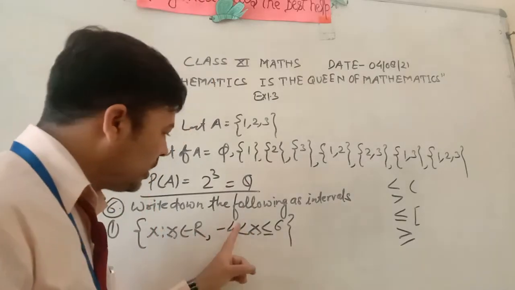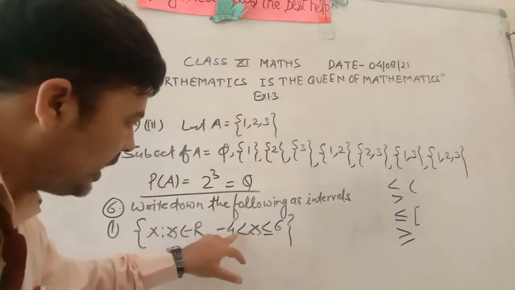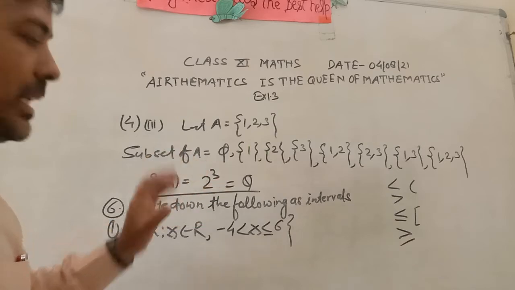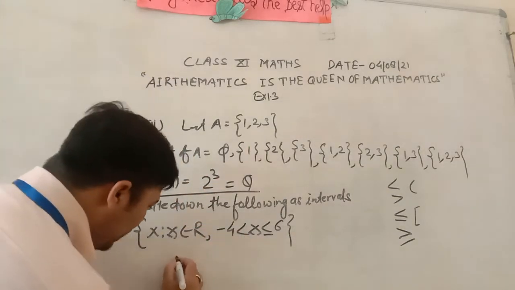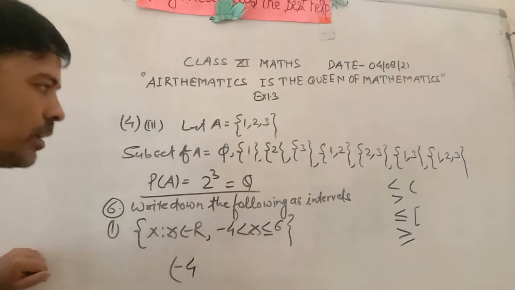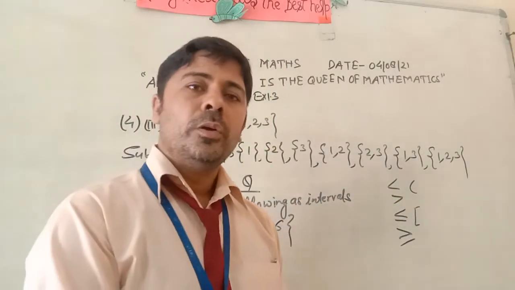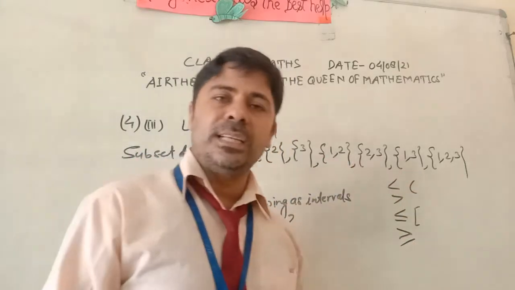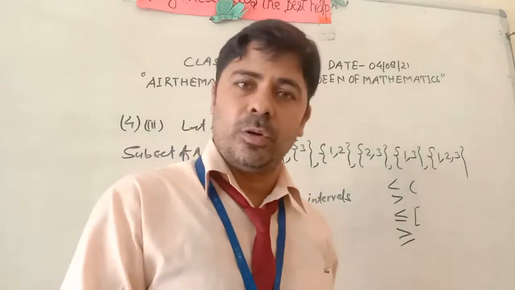Here it is given x is such that x belongs here. You see that x is greater than, which means it is a strict inequality. So we write it as an interval: this is -4. Firstly we use this bracket because I told you when there is less than or greater than in any question, you have to use the open interval.